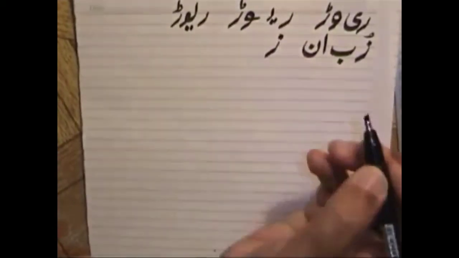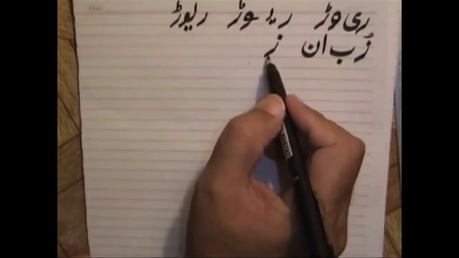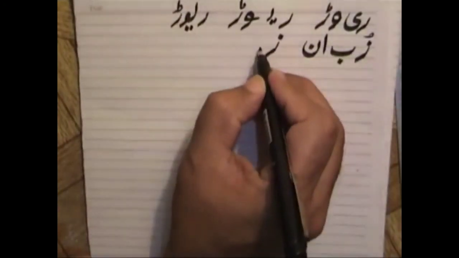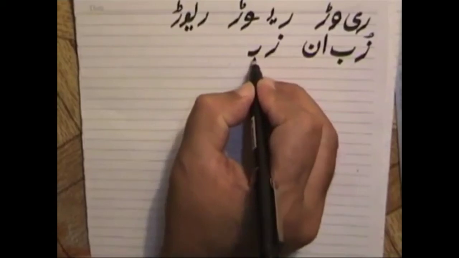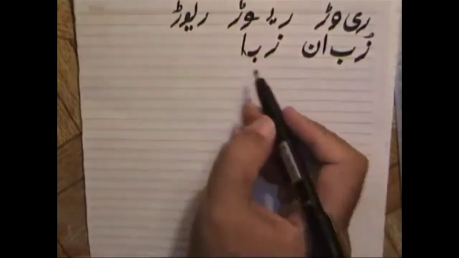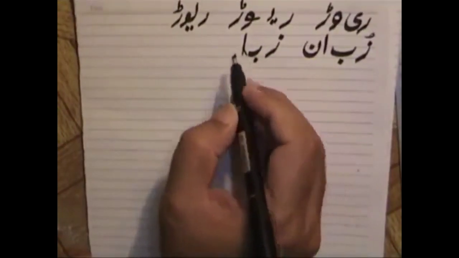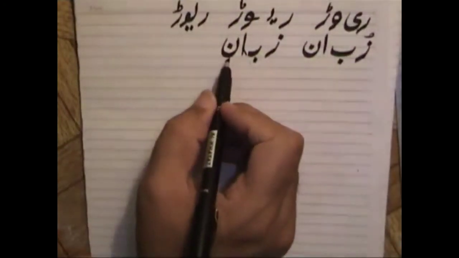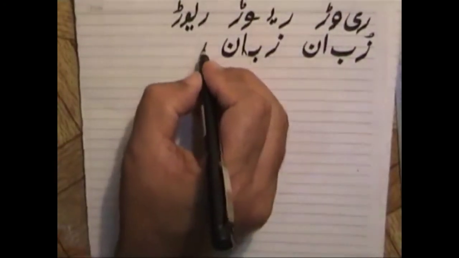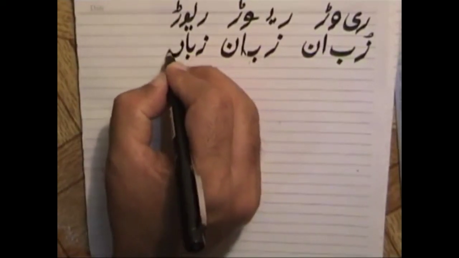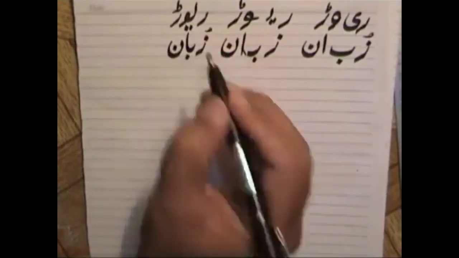So ze will be at independent position at the first place, zu, then be initial position, alif is non-connector, so it will assume the final position with one connector here, and then noon is left only, so it will be independent. So we write zuban. If you want to write pesh here, we can write pesh here, zuban.